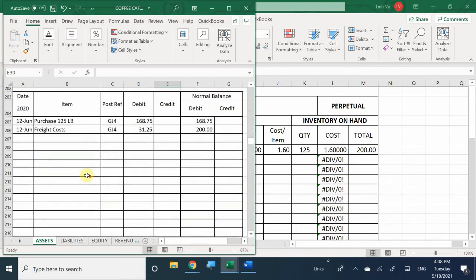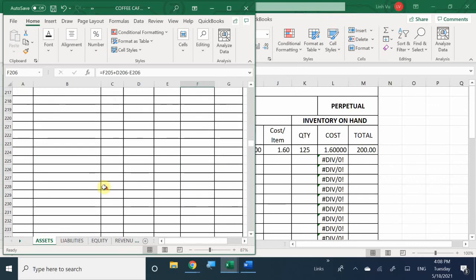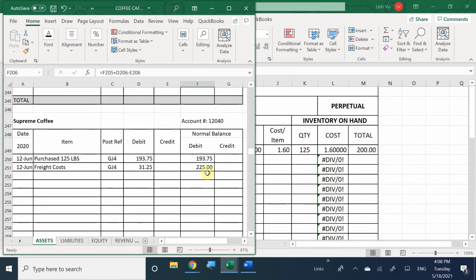My regular coffee holds $200 right now, and my Supreme holds $225. So every time we make a sale and take it away from inventory, your numbers should match your ledger, because there you're typing in all your numbers, so it's automatically rounded to the nearest penny.